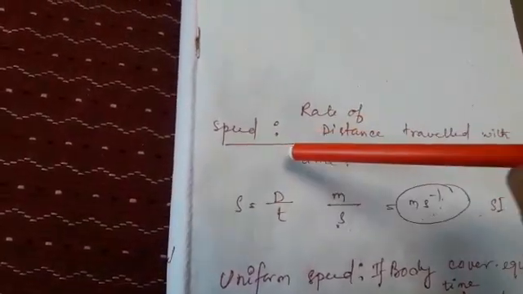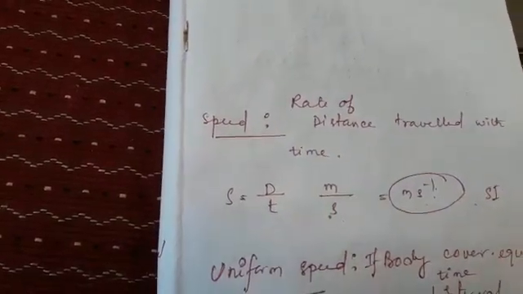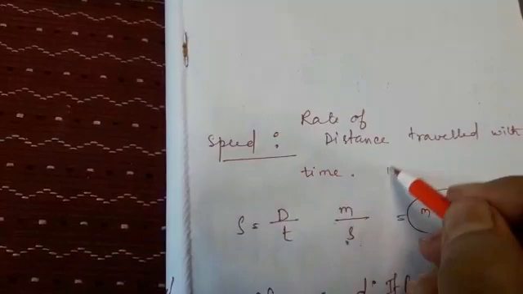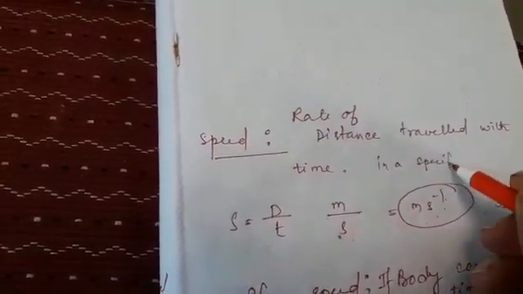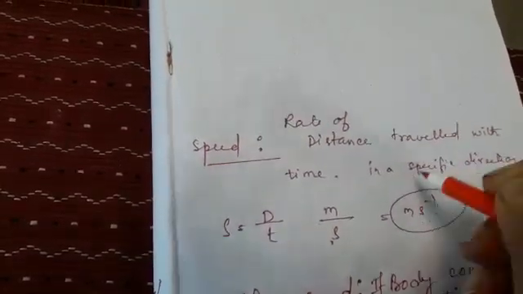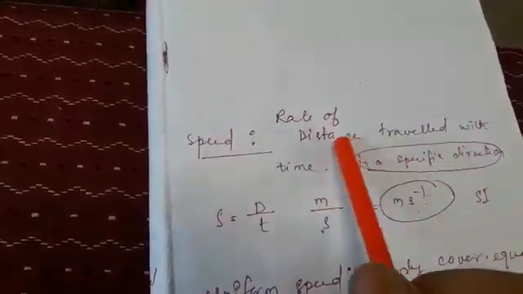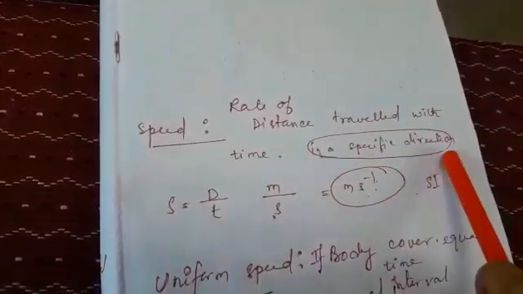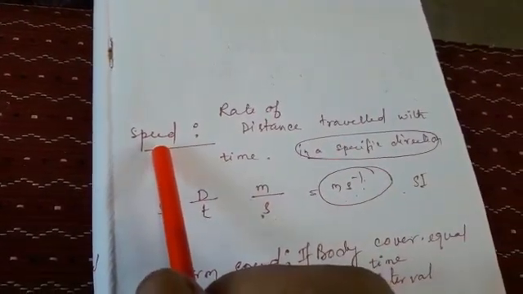Now next, in the same thing, this same definition, the rate of distance traveled with time, if I add in a specific direction, only adding this statement to this definition, this term speed will change into velocity.